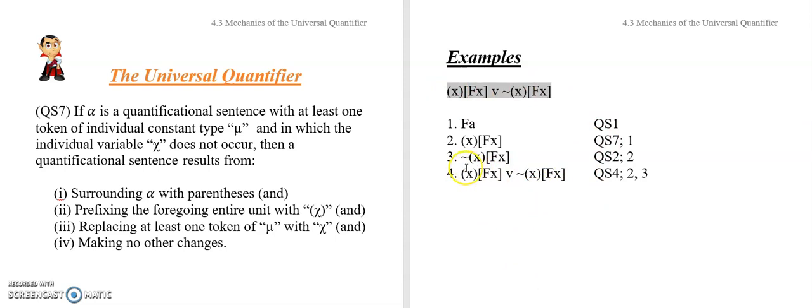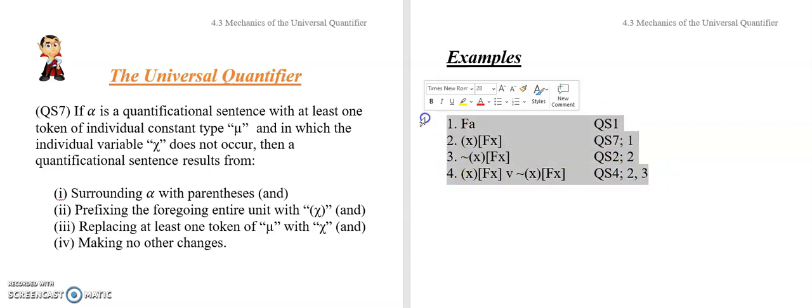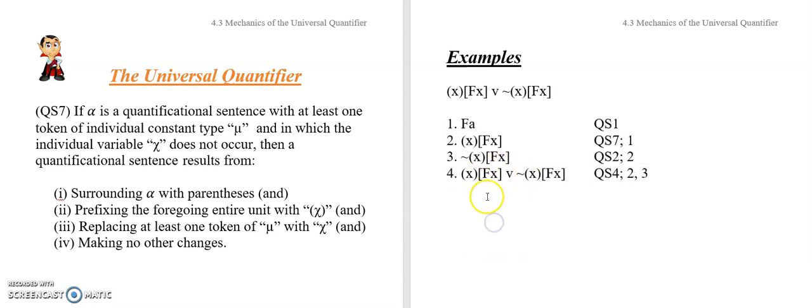Now I want you to notice, I was able to get the x on board in 2 places, but notice I never violated this rule that says the variable cannot occur in the previous line, right? I never applied QS7 where I implemented an x and the x occurred in another line, right? So this type of construction is absolutely permissible, okay? You can absolutely build this kind of thing.